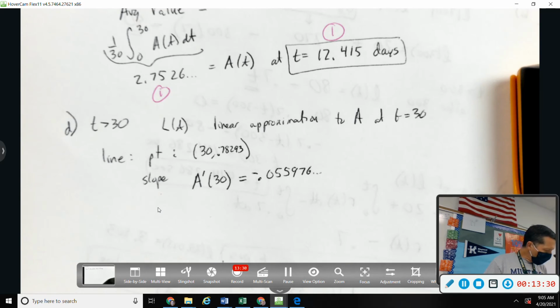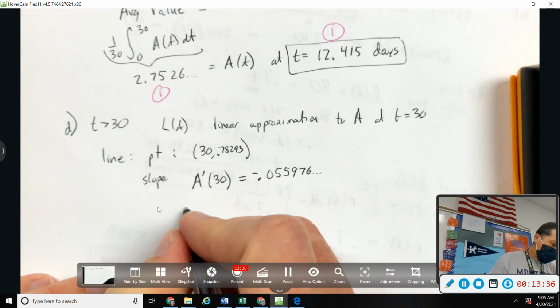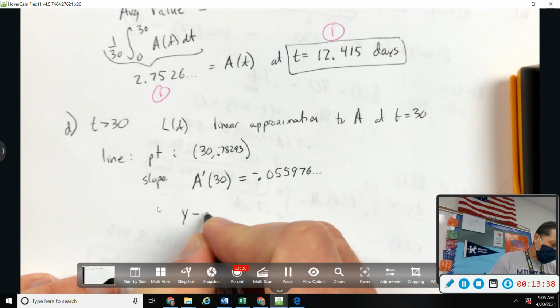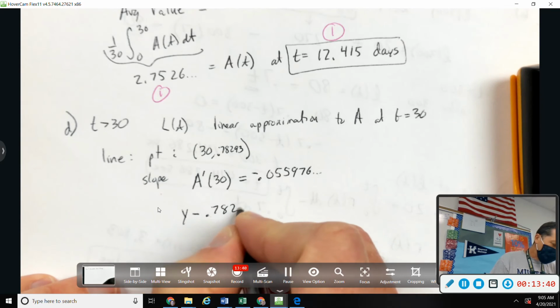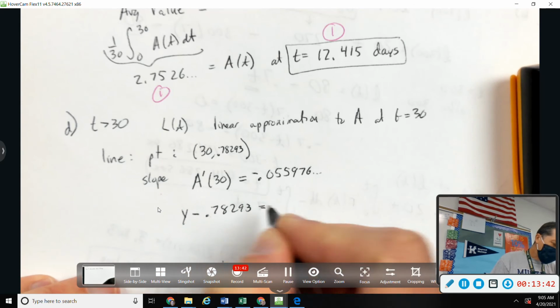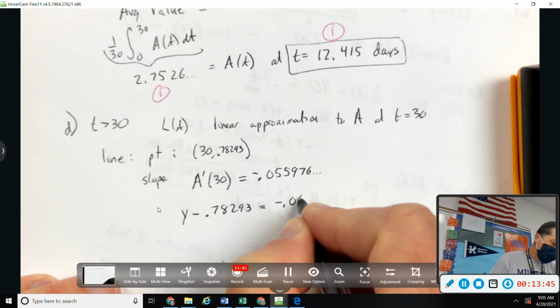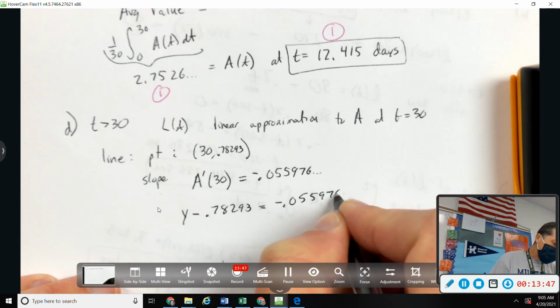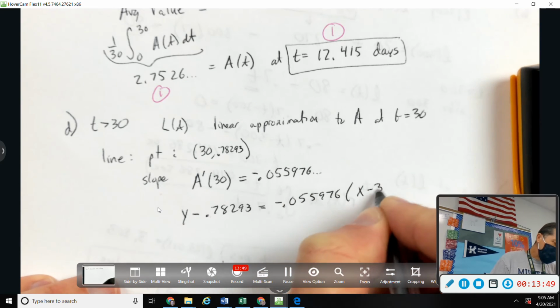Use L of t to predict when there will be 0.5 pounds of grass remaining in the bin. All right, well, let's write our line. So y minus 0.78293 equals negative 0.055976 times x minus 30.